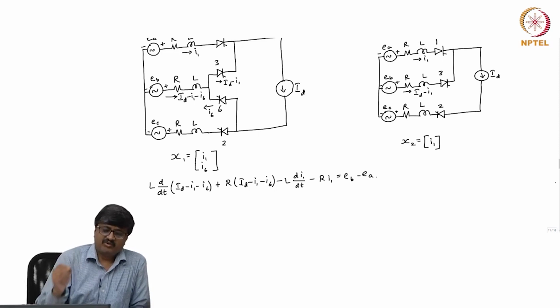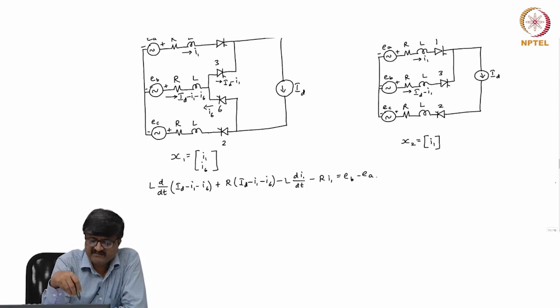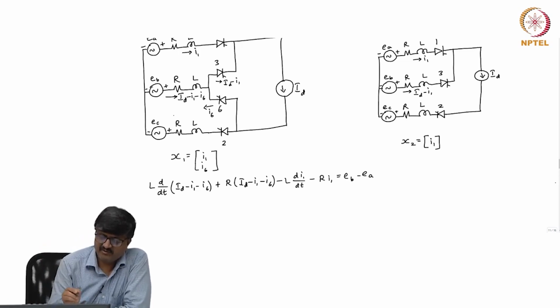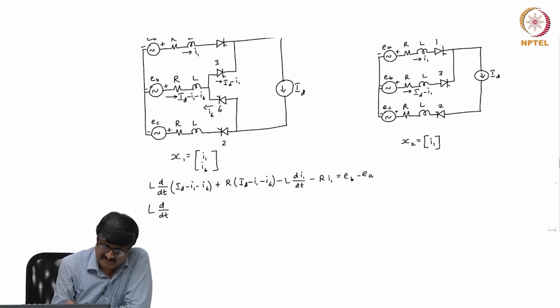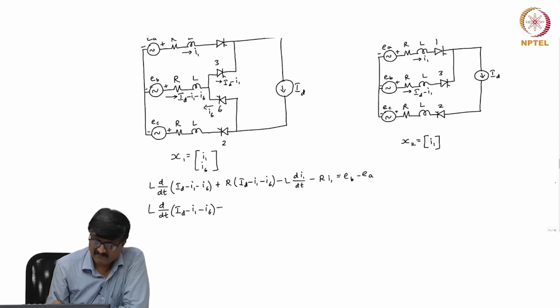There is one more loop consisting of E B, E C, and the resistance and inductance in series with E B, resistance and inductance in series with E C, and the valves 2 and 6, which are in another loop to which we apply Kirchhoff's voltage law. So, I get L d by dt of I d minus I 1 minus I 6 plus R into I d minus I 1 minus I 6.